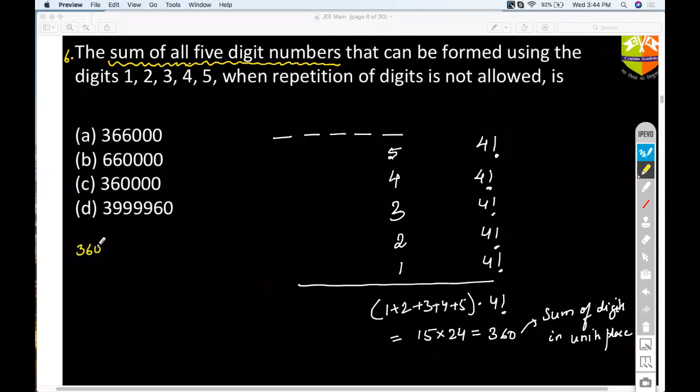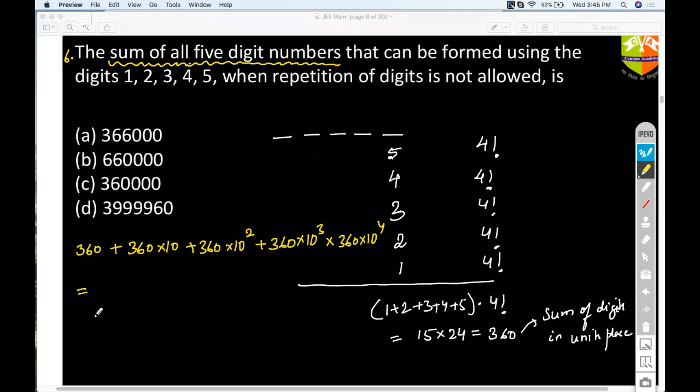So you'll have 360 as the sum of the numbers in the units place. Same would be true for the sum of the numbers in the tens place, but I will be multiplying it with a 10 because of its place value of 10. So in a similar way, we'll have 10 square. That's the sum of the numbers in the hundreds place. Then 10 cube, right? So unit, 10, 100, 1000, and this will be 360 into 10 to the power 4, right? So this is going to be my sum.